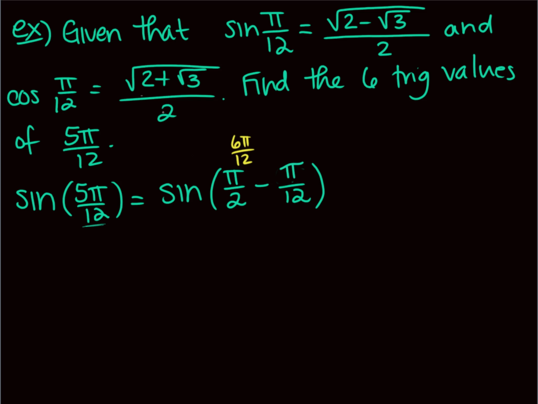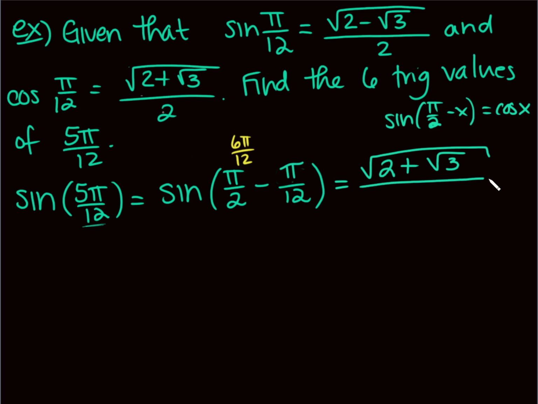So why did I write it like this? Because I know that the sine of pi over 2 minus x, and there are other ways you could have done this, is equal to the cosine of x. So the sine of 5 pi over 12 is going to be the cosine of pi over 12, which is 2 plus root 3 all over 2. Simple as that.